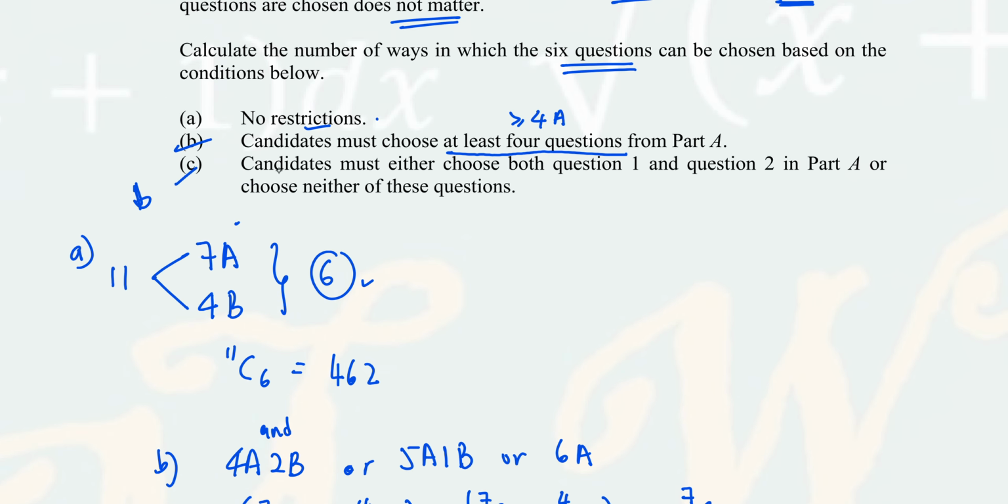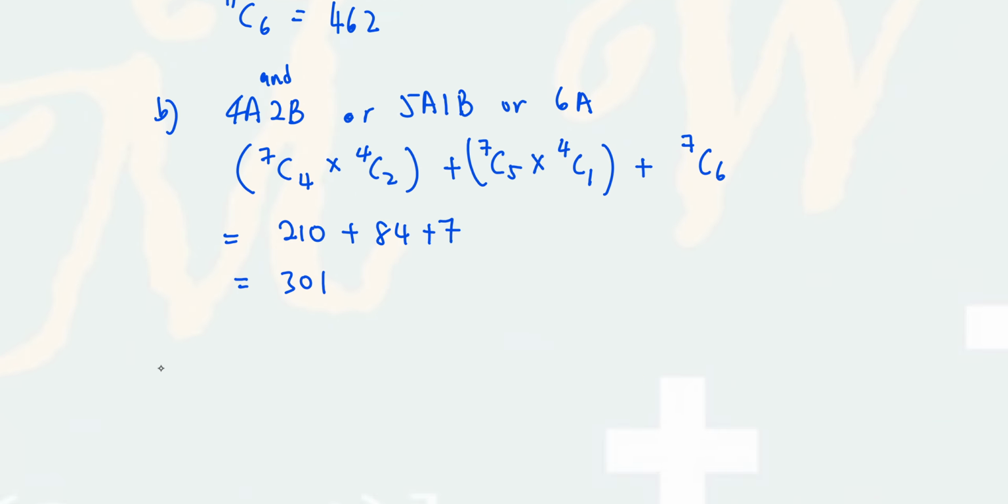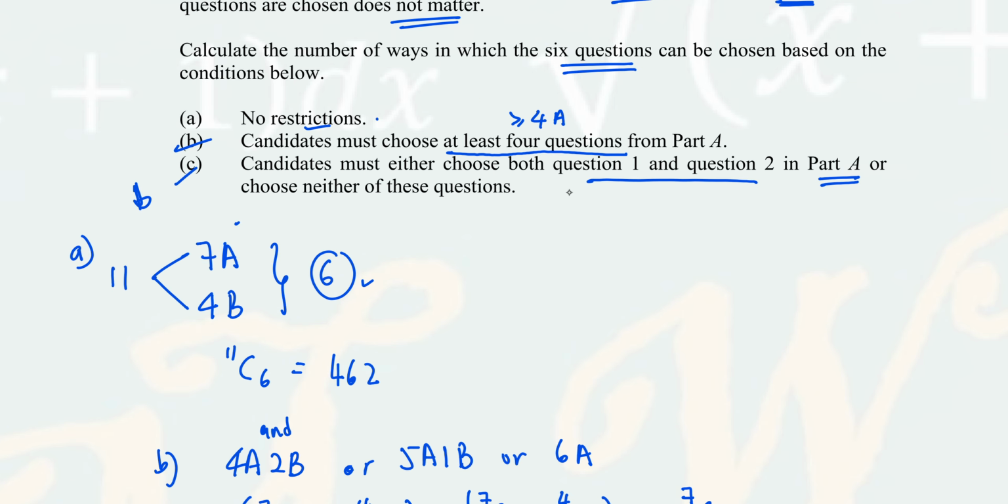Now see, candidates must either choose both question 1 and 2 in part A or choose neither of these questions. It means that from the 11 questions, you have A1, A2, and we don't bother about the other questions from A, because either you choose these 2 questions from part A or you do not choose both of them.